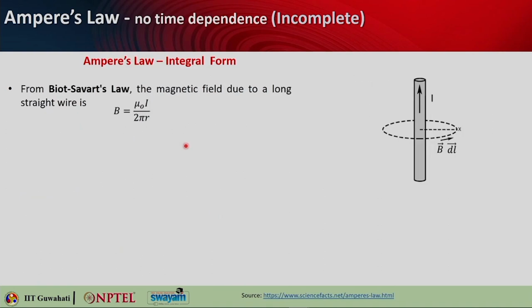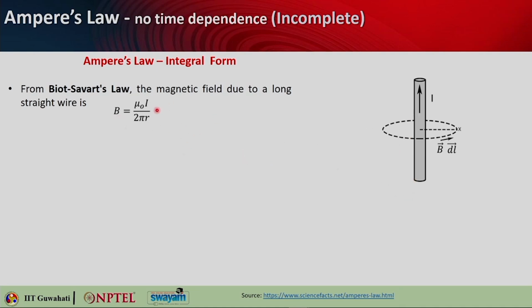Now if you look at this same thing in the integral form, it is written in terms of the Biot-Savart law. From the Biot-Savart law we know that the magnetic field due to a long straight wire can be written as B equals mu naught I over 2 pi r.